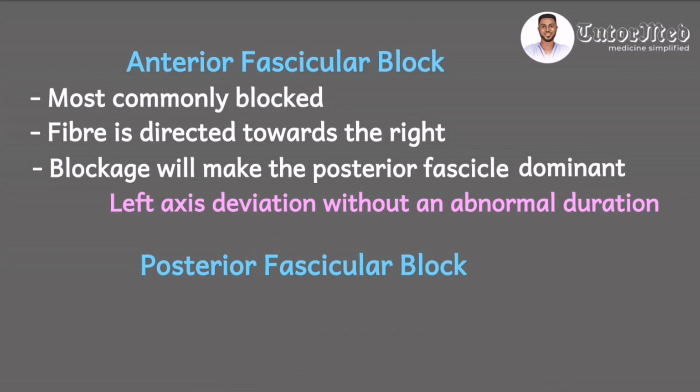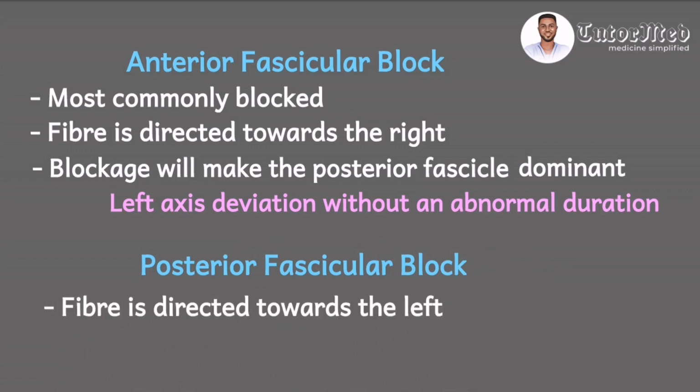Now the posterior fascicular block. Again, I want to stress that the fiber is directed towards the left. And so if it is blocked, the anterior fascicle will be dominant, in that the impulses will be directed more rightward because the fiber of the anterior fascicle is directed rightwards.